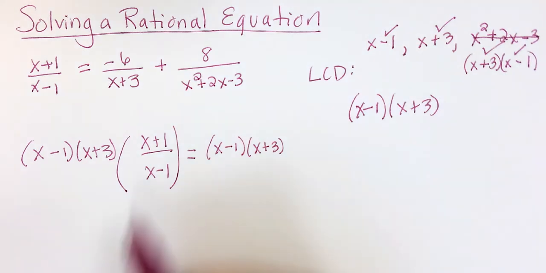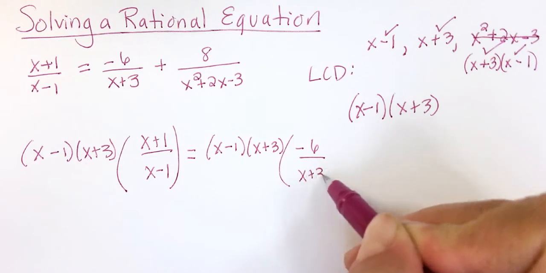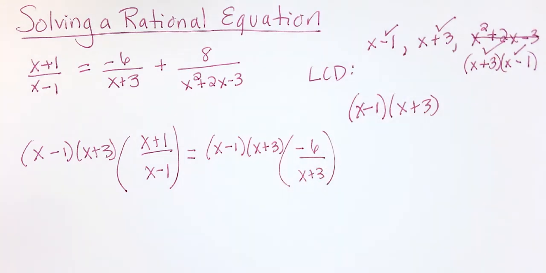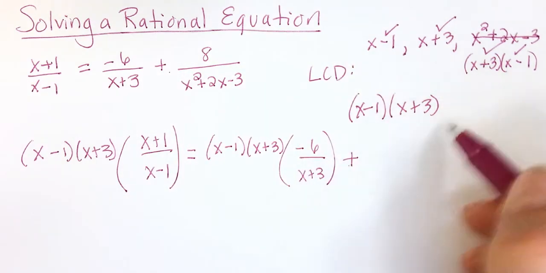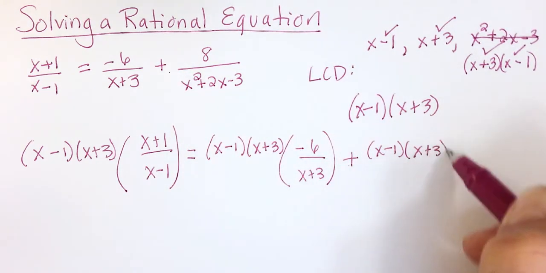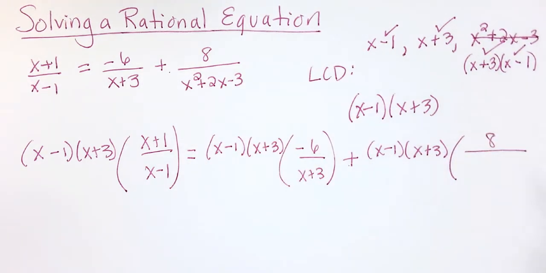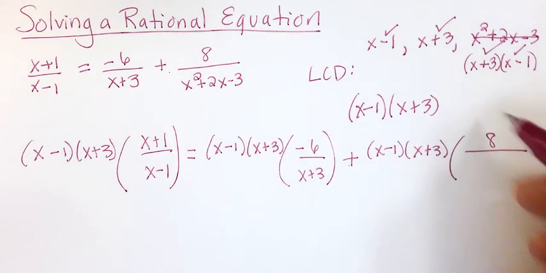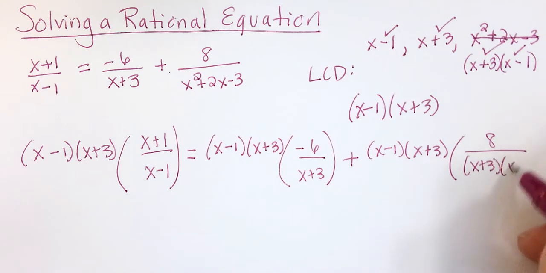And our next term is -6 over x plus 3. And then we're going to bring down this plus sign, and we're going to write our LCD again. And we're going to bring down this last term, and we want to write that denominator in the factored form. So the factored form was this x plus 3, x minus 1.